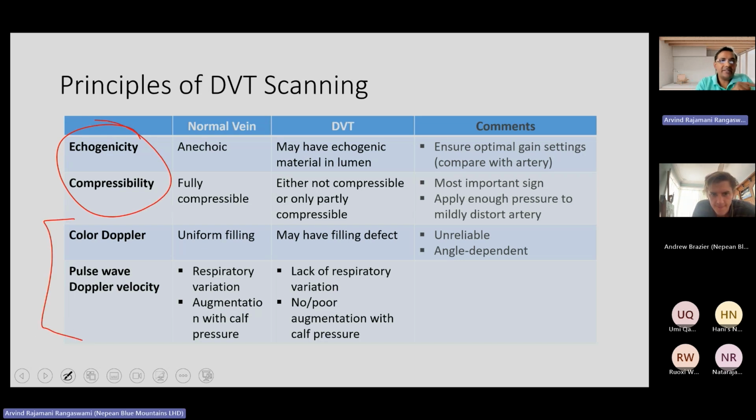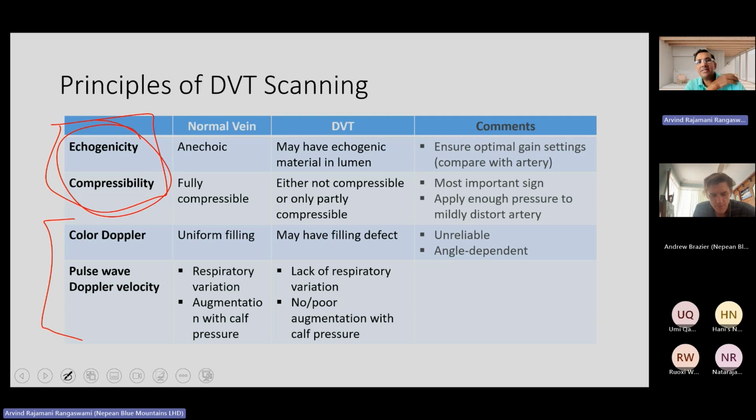These are ancillary things which radiology sonographers will do. It is not difficult to do, but there are a lot of fallacies to this. So 99% of your diagnosis is going to be based on 2D imaging, which is looking for the echogenicity within the cavity of the vein and the compressibility on pressure when you're applying pressure to the vein.